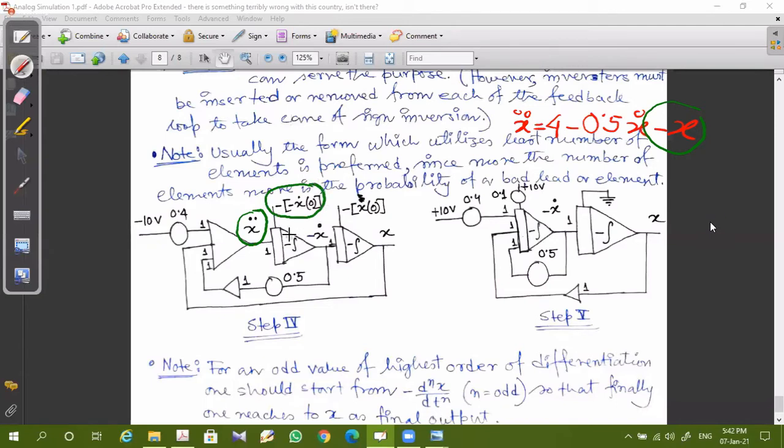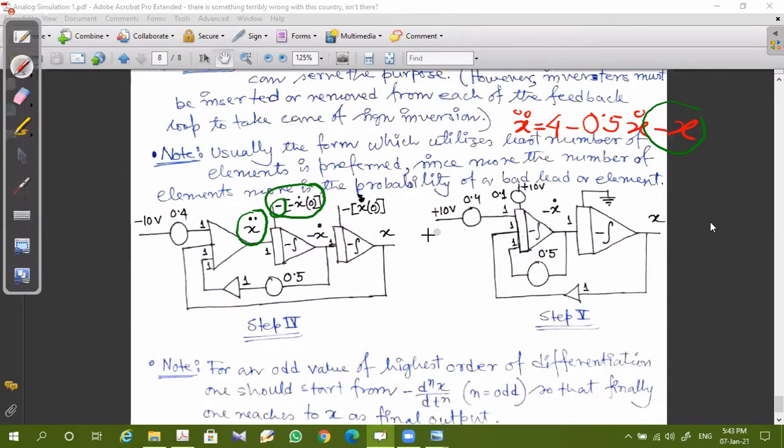This initial condition is again fed through an inverting channel. So to get minus x dot, the initial condition should be that of minus x dot 0, right? Since it is again fed through an inverting channel, you need to put a minus sign over here, so that the actual initial condition is reflected over here.